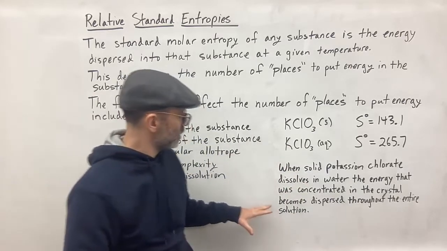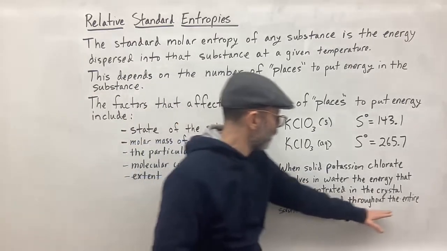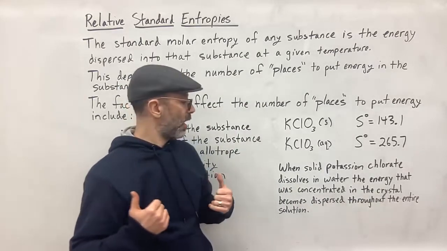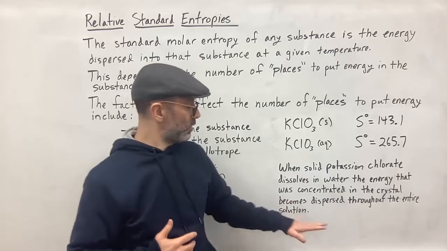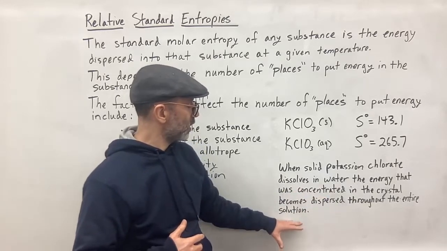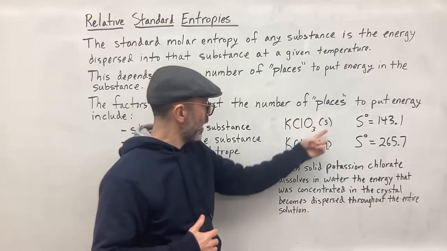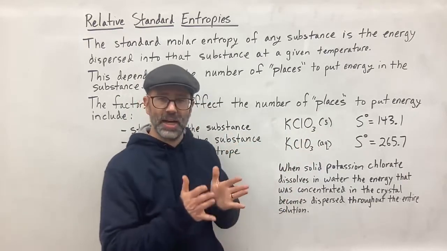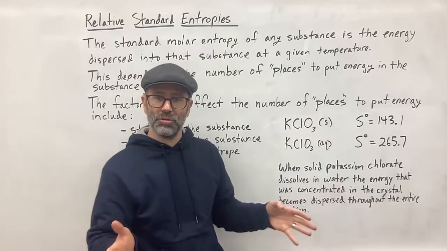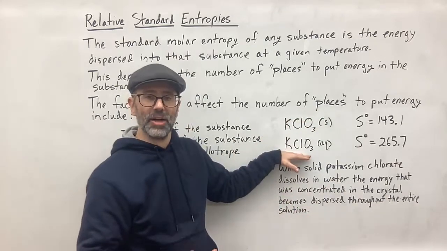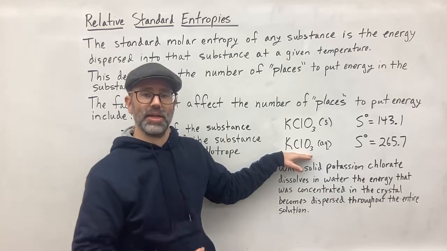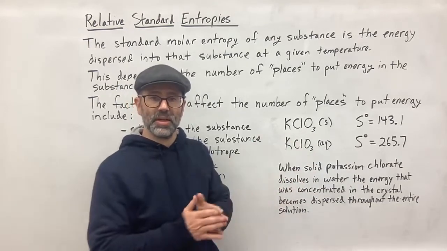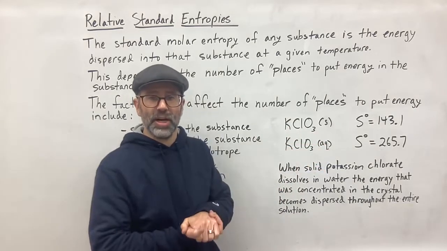And so that dispersal of the energy is exactly what we mean by an increase in entropy for the substance here. Since here we have that energy concentrated in the crystal, and here we have that energy dispersed throughout the whole solution, this is going to have a higher entropy, because entropy is the measure of how much of that energy is dispersed. A greater dispersal of energy means greater entropy.